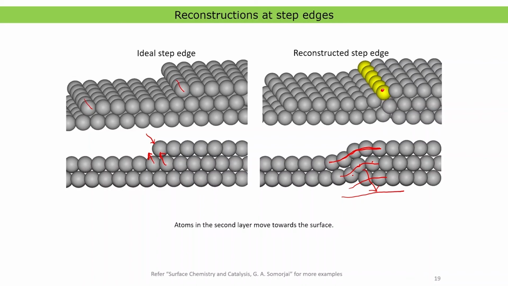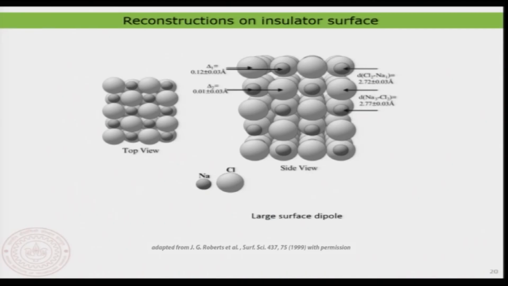Now, what I also wanted to tell is about insulating surfaces. So the question is, would insulator surfaces reconstruct? Normally, if I would be asked this question, I would say that it is impossible.